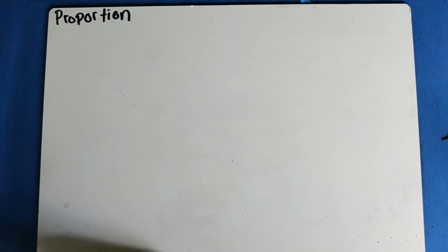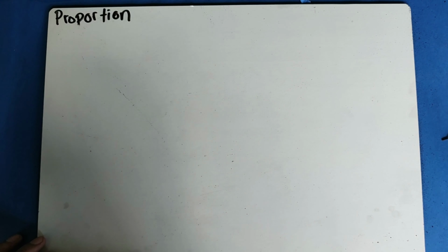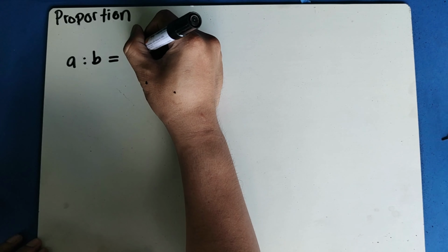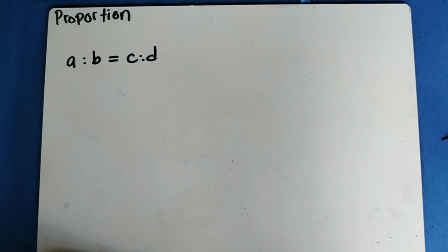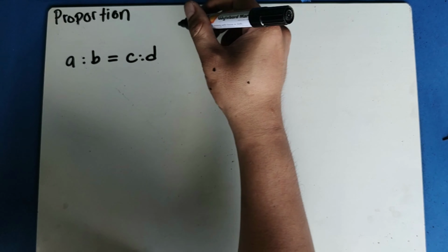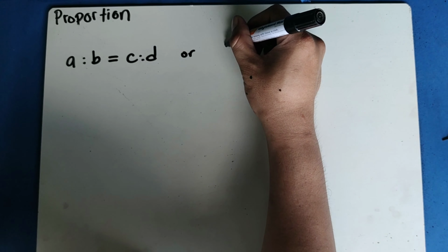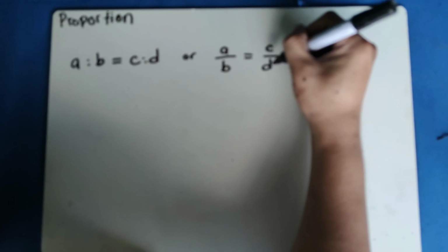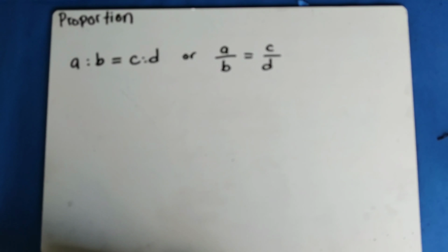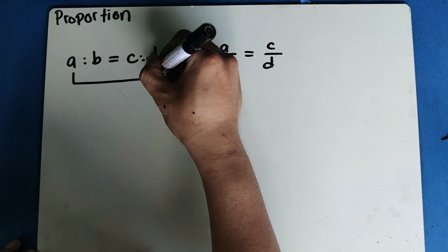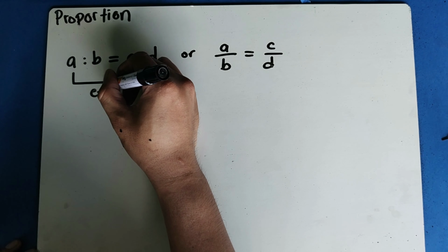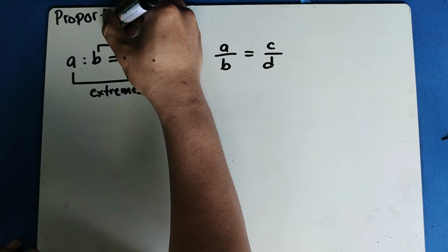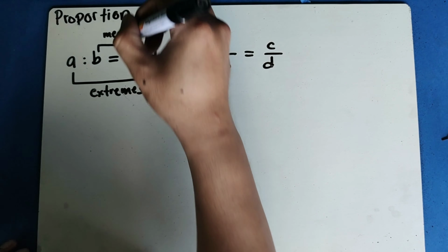And the formula can be written as follows. Okay? So we have here A is to B is equal to C is to D. Or, since A is to B can be written as A over B, it is equal to C over D. In which, this A and D are called the extremes, while this B and C are called the means.